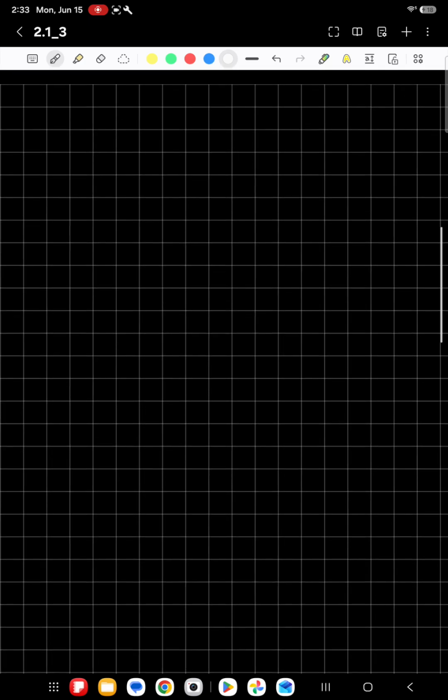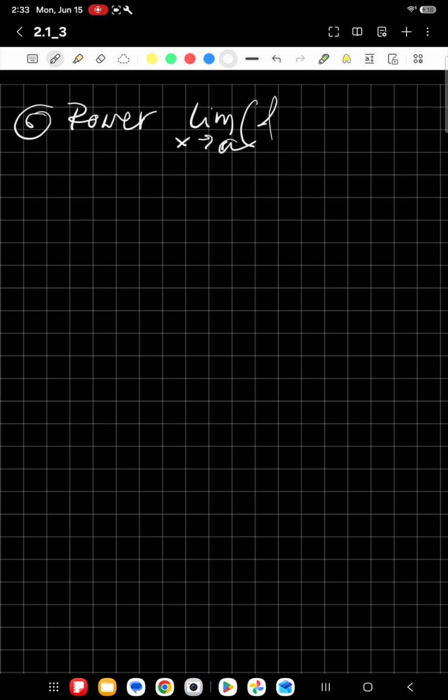This one is property number 6, power or exponent. If we have a limit with x approaching a, and then we have a function here, f of x to the power of n.